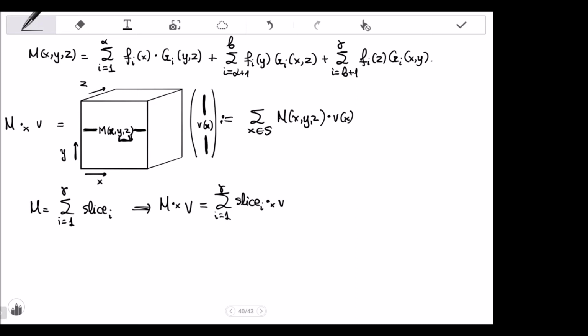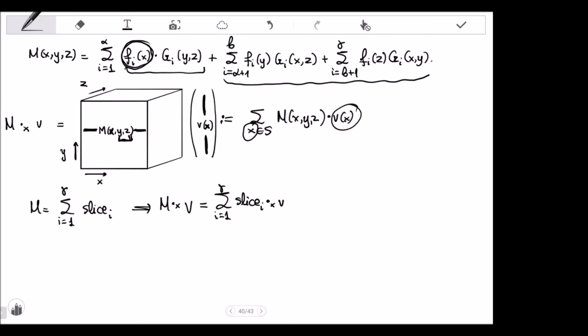So I need to understand what happens to a slice when I apply a vector to it. And we will notice that there will be a difference between the behavior of these slices when I apply v to them, as opposed to these ones. The reason will be that the variable x that I have decoupled here at the front is the one with respect to which I am taking the inner product. So that behaves differently with respect to the other ones.